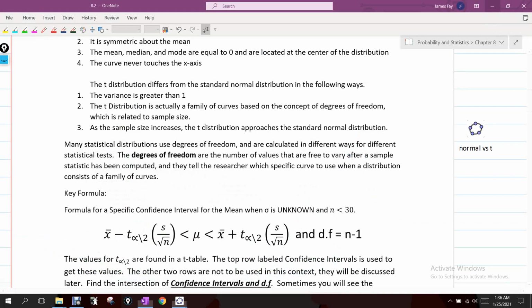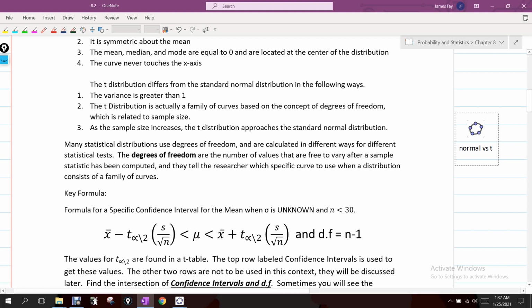But the purpose of this distribution is to allow us to create confidence intervals and eventually deal with hypothesis testing. That's what the z-score and the t-scores are going to allow us to do, something called hypothesis testing, which we'll get into pretty soon.